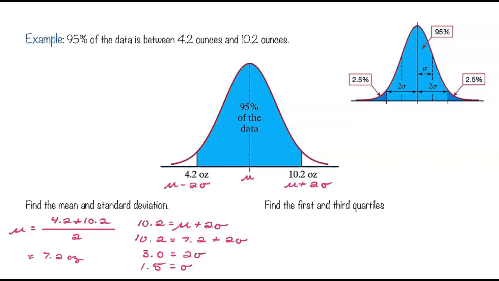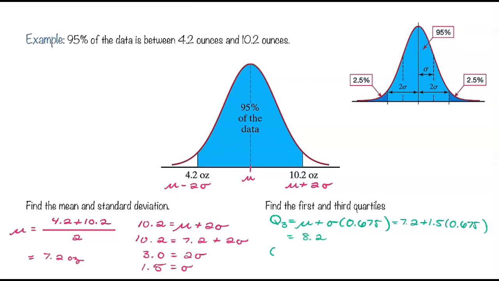Now that we know the mean and the standard deviation, let's use that information to find the first and third quartiles. The third quartile can be approximated by adding the standard deviation times 0.675 to the mean. Since we have a mean of 7.2 and a standard deviation of 1.5, we find that the third quartile is approximately equal to 8.2.